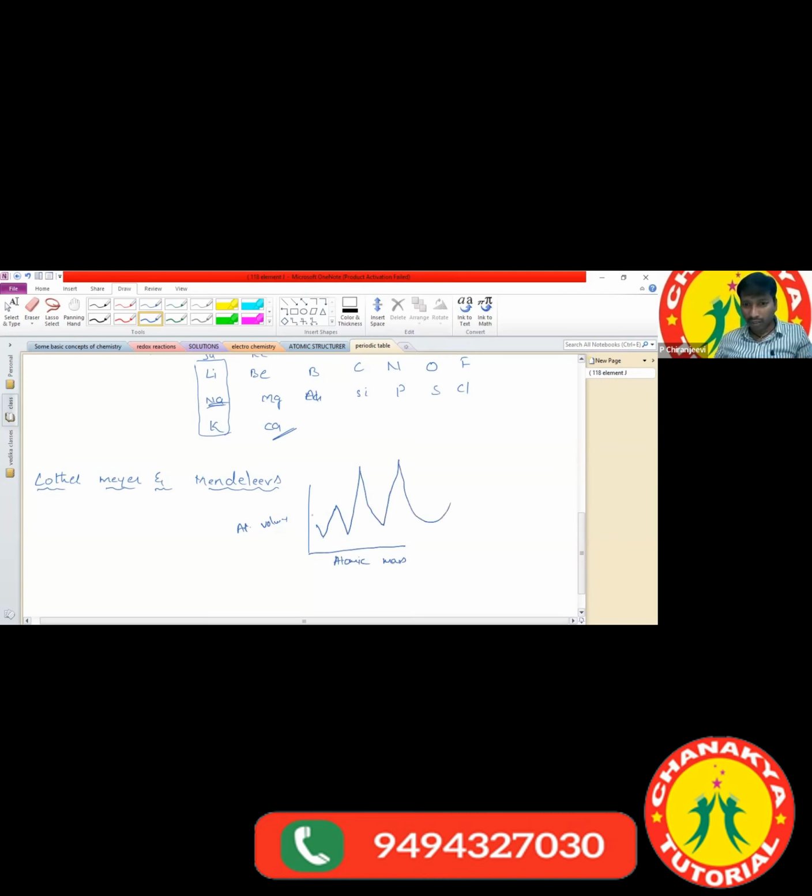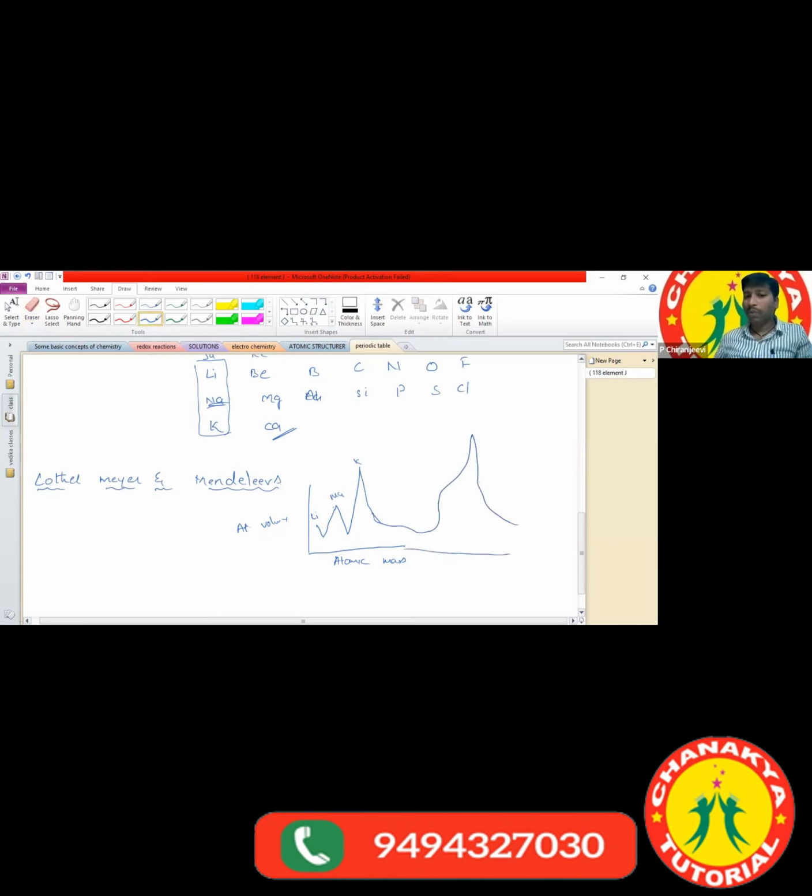In this one, first lithium, sodium, potassium. This kind of graph you will get actually.